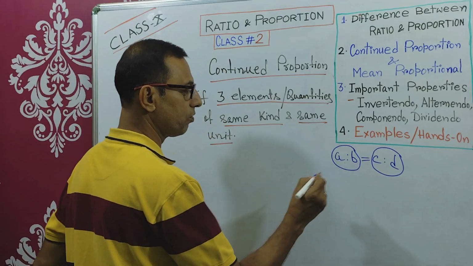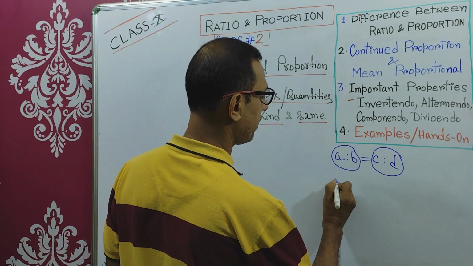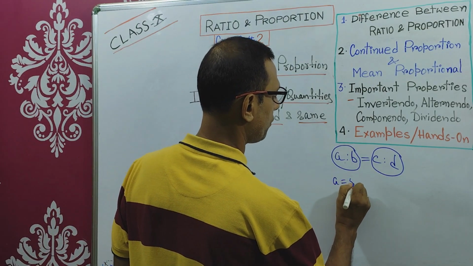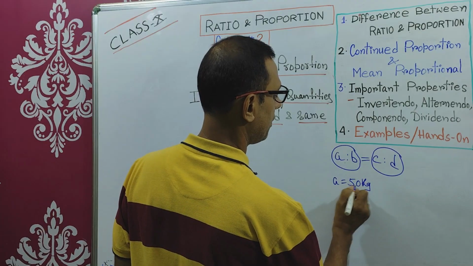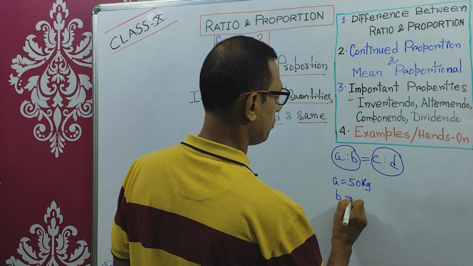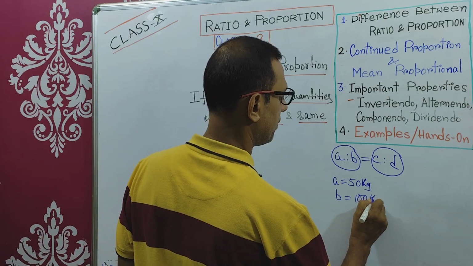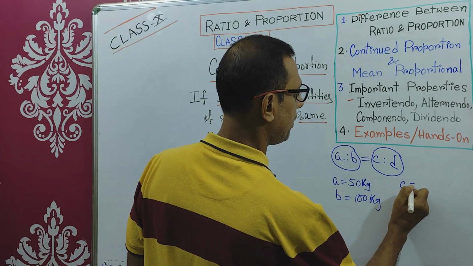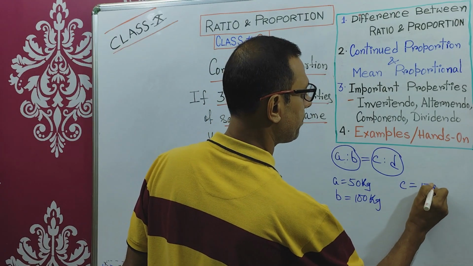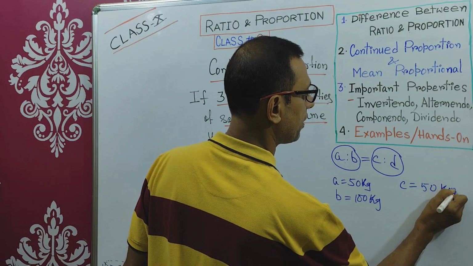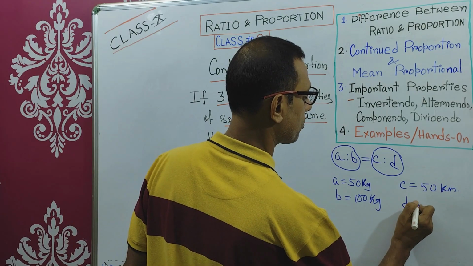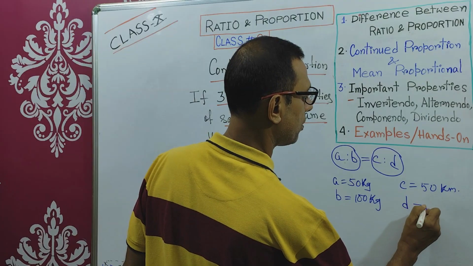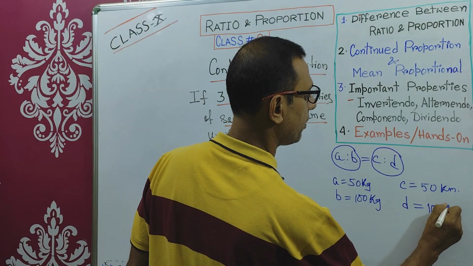What I mean to say is, let's say A equals 50 kg, B equals 100 kg, C equals 50 kilometer, D equals 100 kilometer.